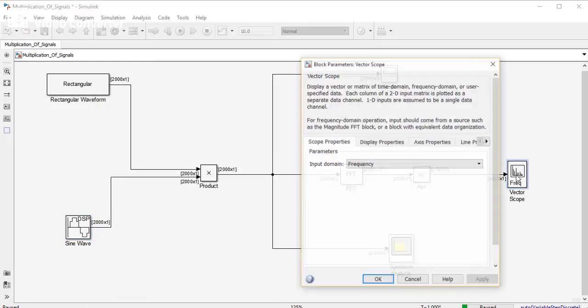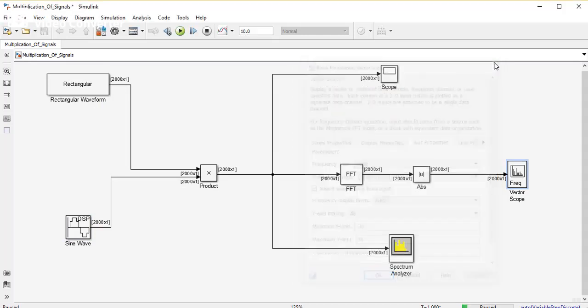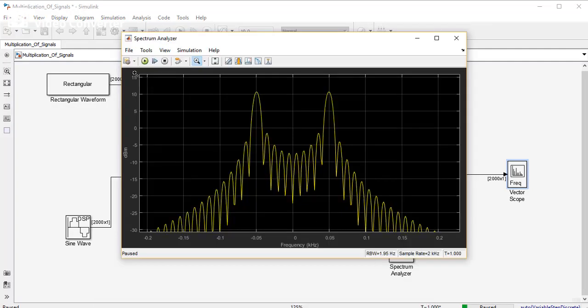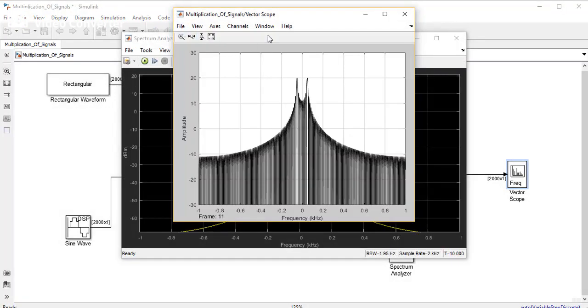Let's take a look at the frequency axis. Here, this is the spectrum. Let's run it again. This is the vector scope.